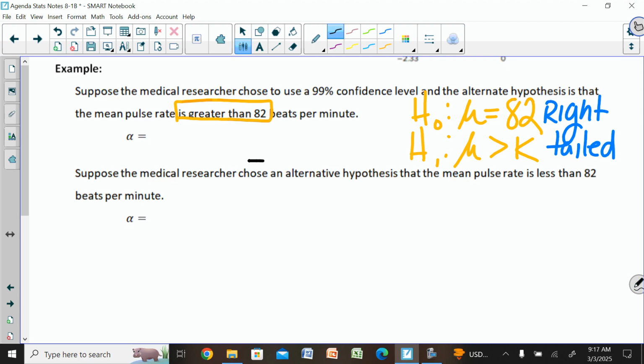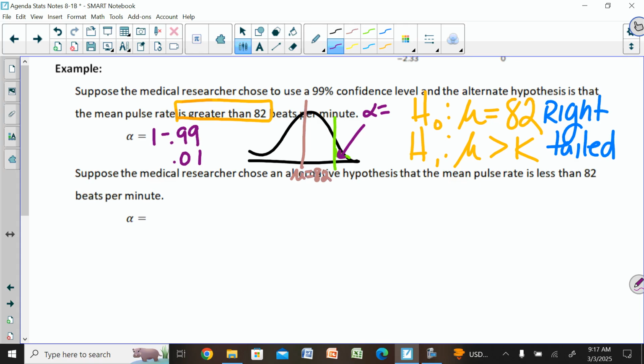So it looks like mu equals 82, and we think that perhaps it falls up here. So our alpha is going to be 1 minus 0.99 or 0.01. And we don't split it because it's right-tailed.